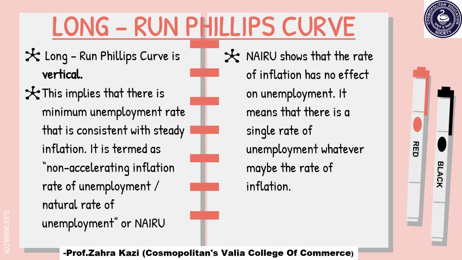So this shows that there is a minimum unemployment rate that is consistent with steady inflation. This means that in the economy there will be a minimum level of unemployment that will take place along with the constant inflation rate. So this situation is termed as NIRU.